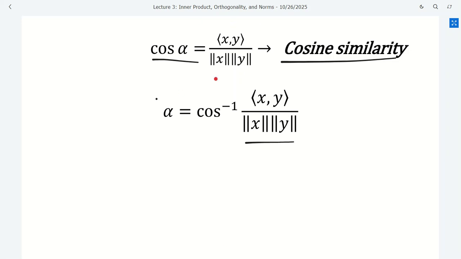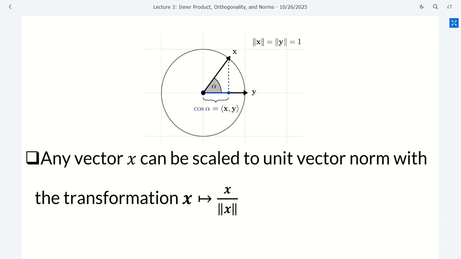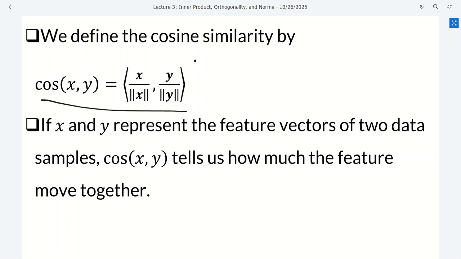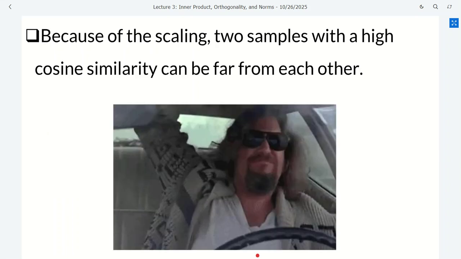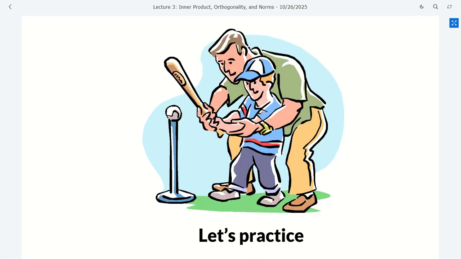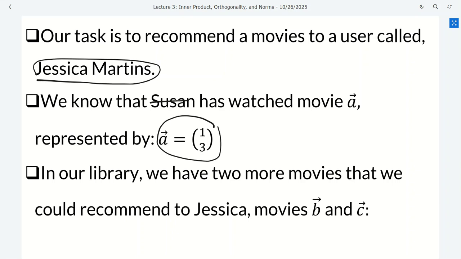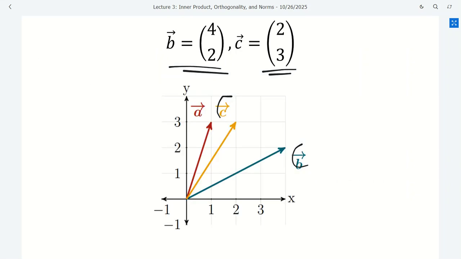You can put this one down and use it to do the calculation. Tell me which of the 2 movies they would recommend for Jessica to watch. I'm giving you a few minutes. Which of the 2 movies?